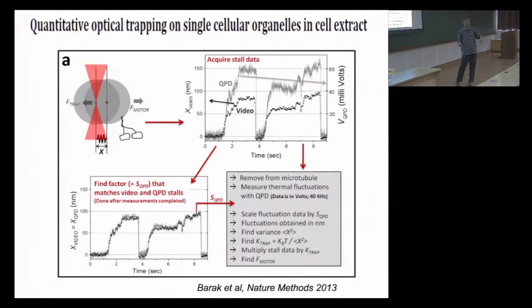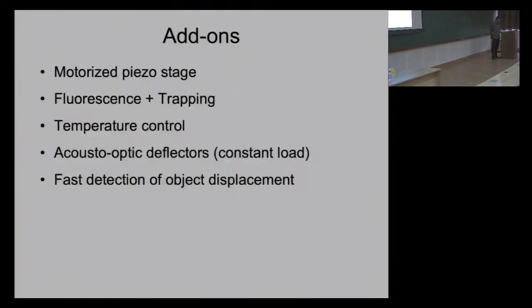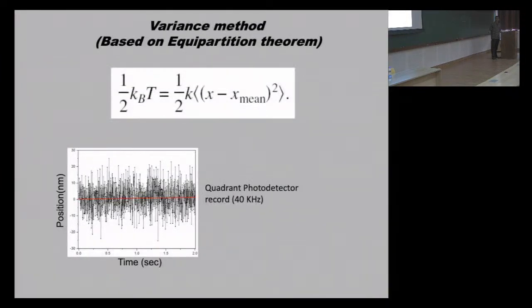Once I know that, after all this is complete, I simply keep the lipid droplet trapped in the optical trap, and record data like this. When I record this data, this is the position.